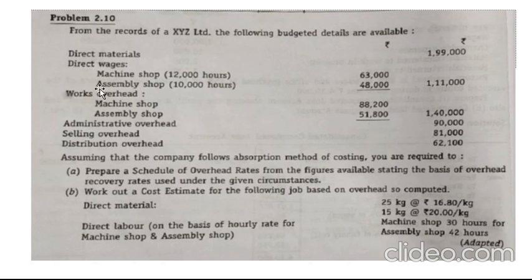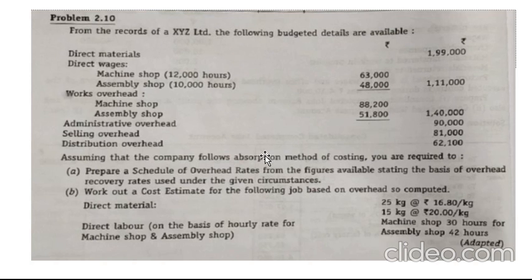So here they've given information about XYZ Limited, the following budgeted details. This is the budget, which is made by the company. Then they've asked you to prepare, assuming that the company follows the absorption method of costing. Absorption method of costing means you show all kinds of cost in one cost sheet, where all expenses are consolidated.